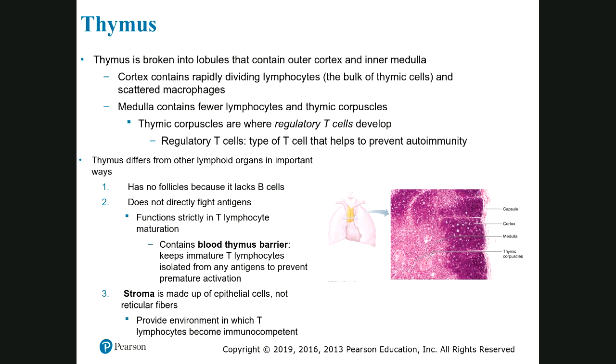The thymus is a very funny organ. It can disappear with age. The older you grow, your thymus may completely disappear. This is why the immune system of older people is weaker, because the thymus is very important. Look at what it has.